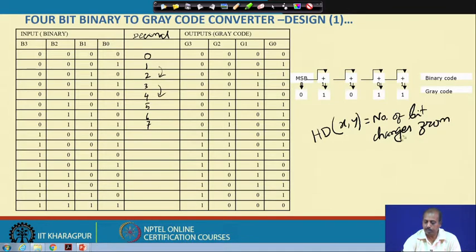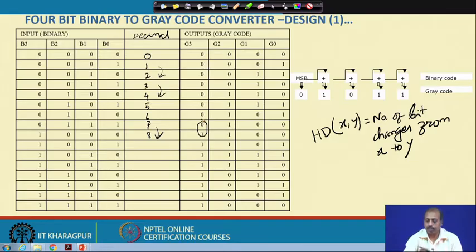In the binary number system, it is not a fixed value. Sometimes only one bit flips, and sometimes, particularly from 7 to 8, all the 4 bits are flipping. So there the Hamming distance becomes high. On the other hand, in the gray code pattern from 7 to 8, only one bit is flipping, others are not.